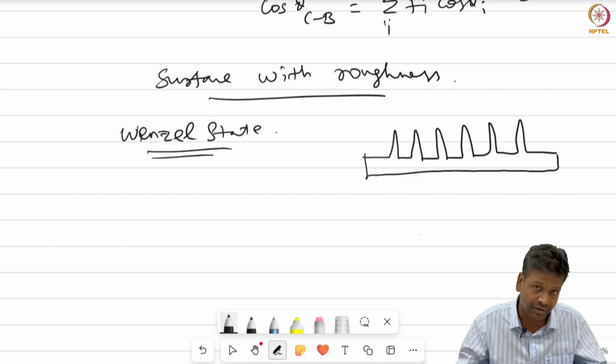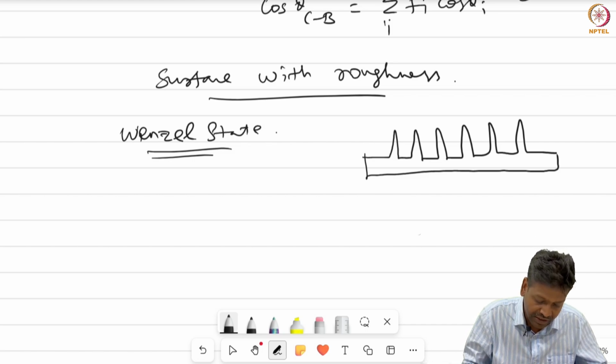On the other hand, if the surface is originally hydrophobic, the roughness makes the surface more hydrophobic than the previous case. So that's what we need to understand whenever we deal with a surface with roughness.